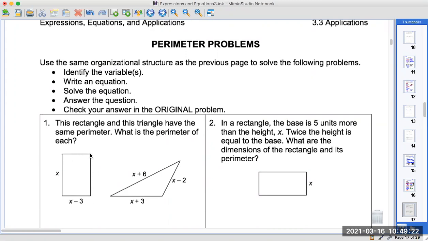The perimeter is if you start walking here, here, here, here, you walked around the perimeter, the outside, but you have to add up all the sides. So let's write that. It's the outside of a shape, and so you add all the sides.